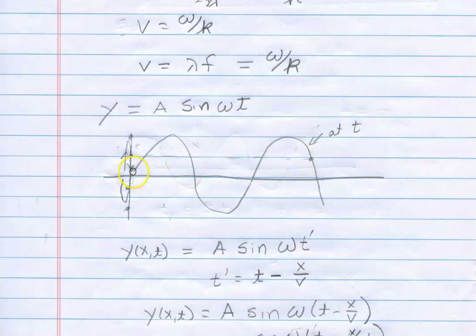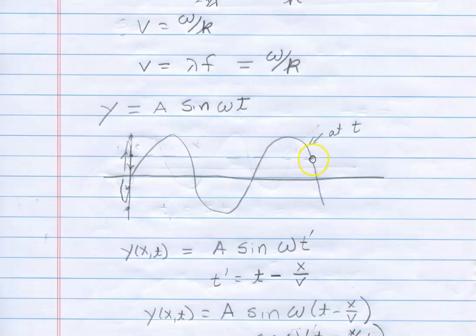For a harmonic wave, at the oscillator it's the amplitude of the wave, that's the height, times the sine of omega t prime, but I need to backtrack to find out what the t prime was, how long it took for this wave to get out to the point x.